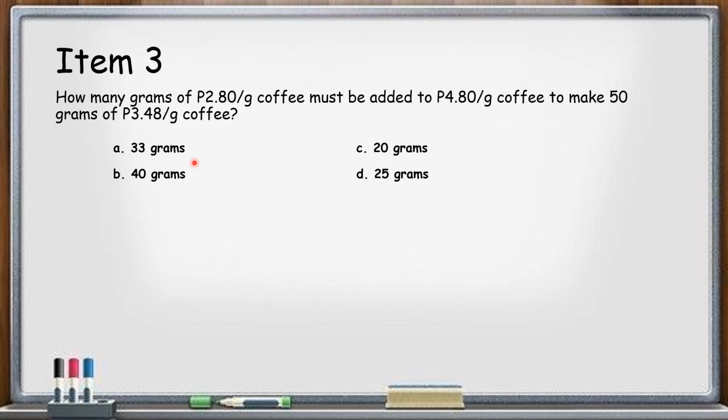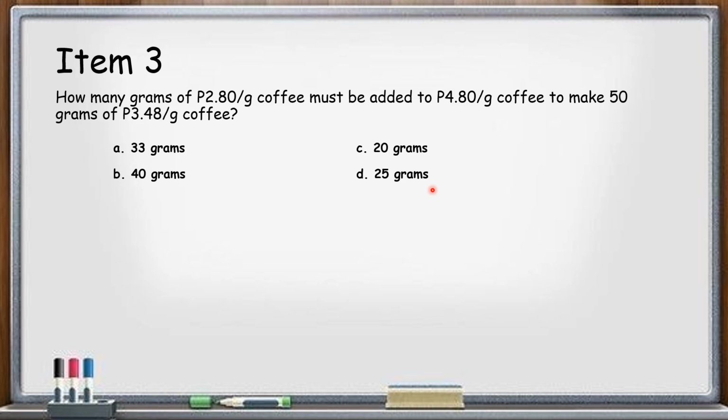So for this problem, it is asking how many grams of 2.80 pesos per gram coffee must be added to 4.80 pesos per gram of coffee to make 50 grams of 3.48 pesos per gram of coffee. So what's different here is that all of the items are the same. They're all coffees. So here are your choices, and let's proceed.